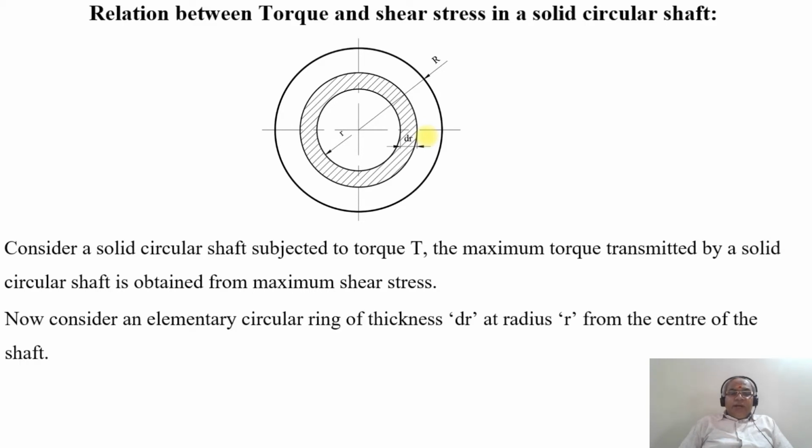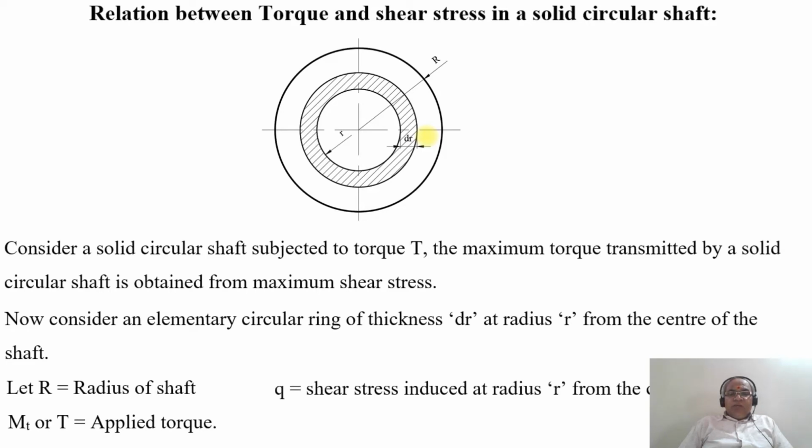Now consider an elementary circular ring of thickness dr at radius r from the center of the shaft. Let capital R be the radius of the shaft, T the applied torque, small q the shear stress induced at radius small r from the center, and tau max the maximum shear stress induced at the outer surface.